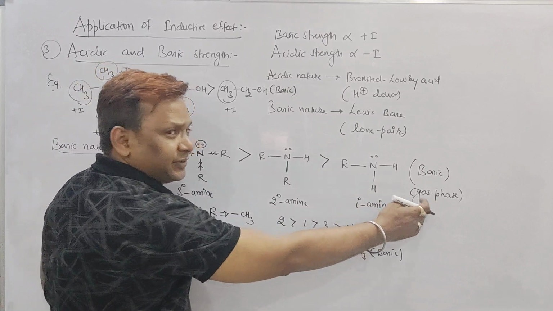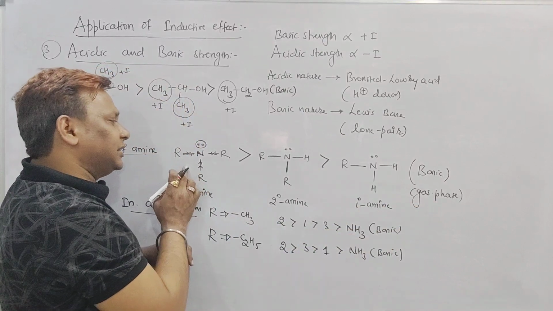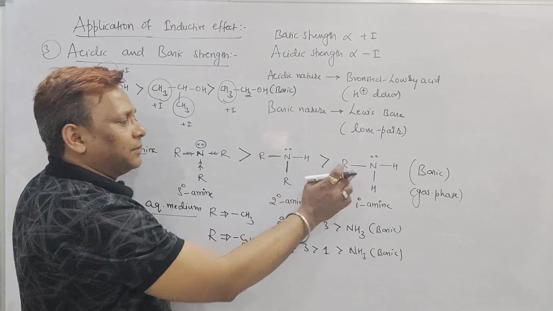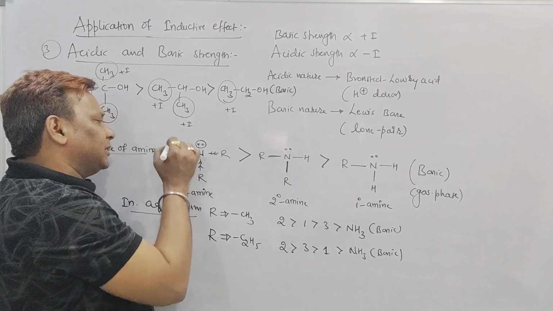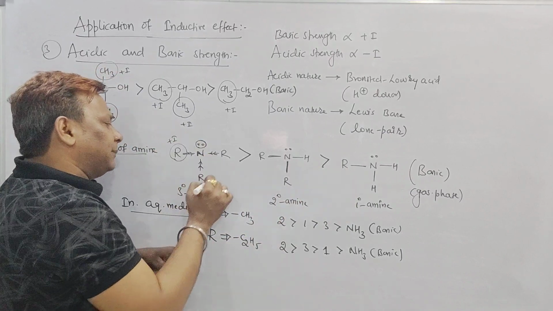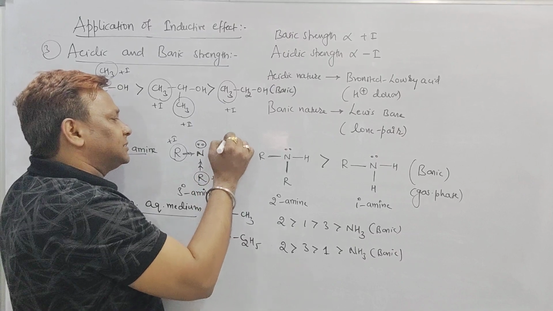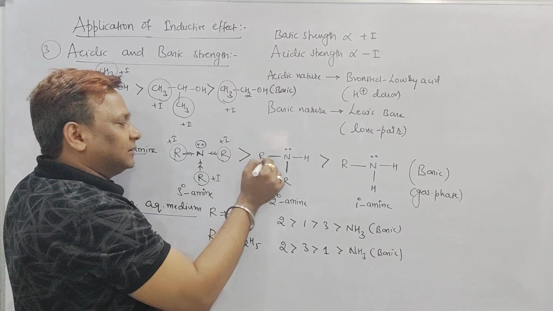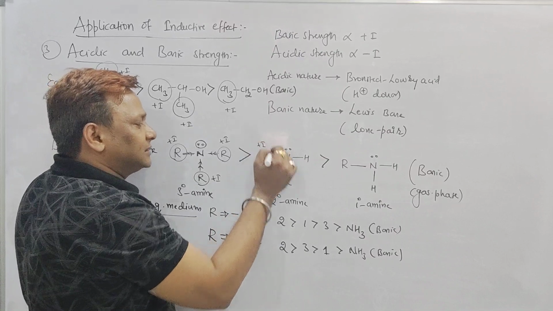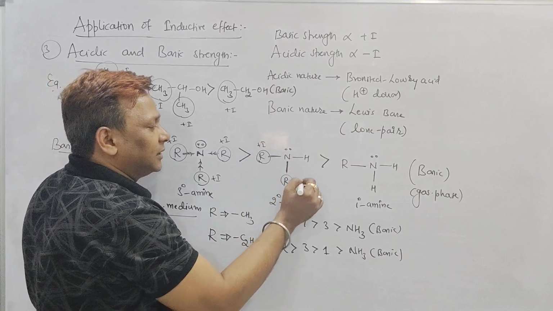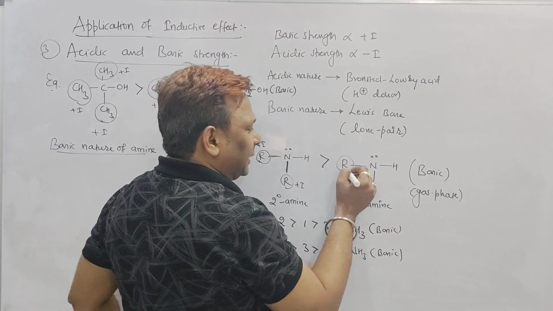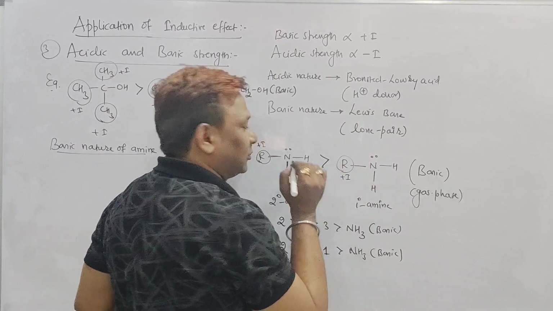If the gaseous phase is there, we can say tertiary is more basic than secondary than primary, because in tertiary, did you see here, we have a 3 plus I group, and because of the presence of 3 plus I, it becomes more basic than the secondary, which will have only 2 plus I. Then the primary is having only 1 plus I group.